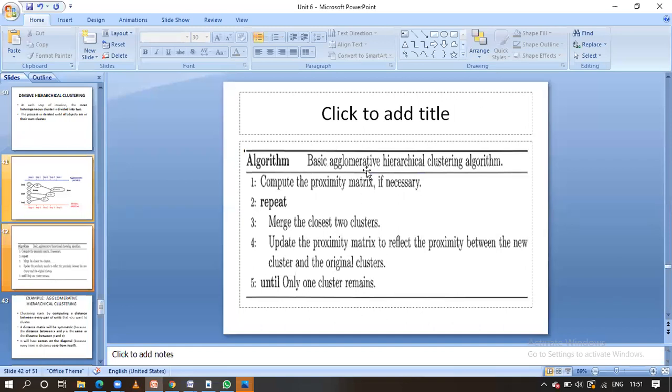Based on the proximity matrix, which has the distance from one cluster to another, we merge the two clusters with the least distance, the same process.